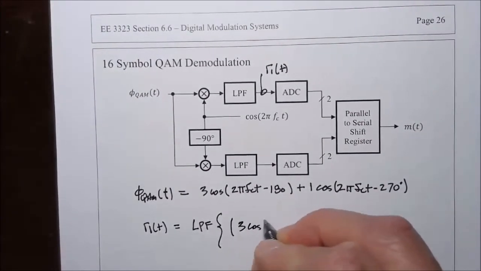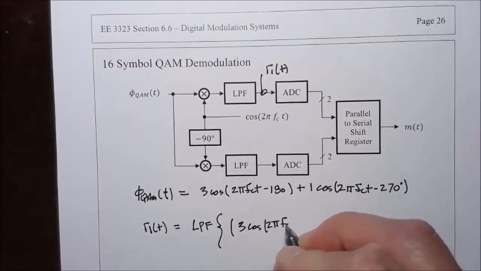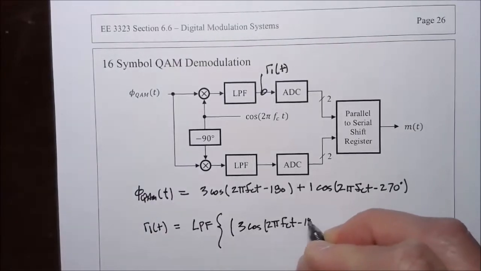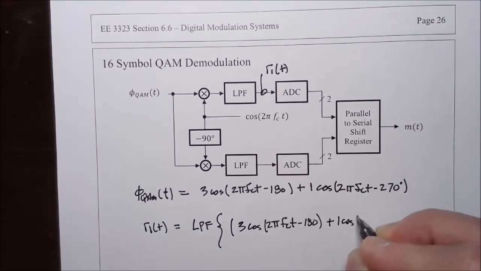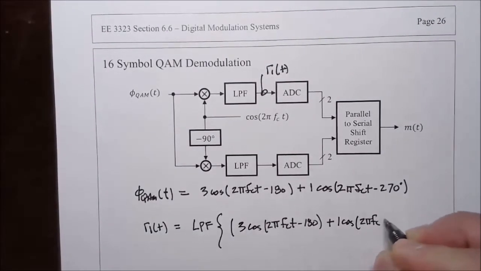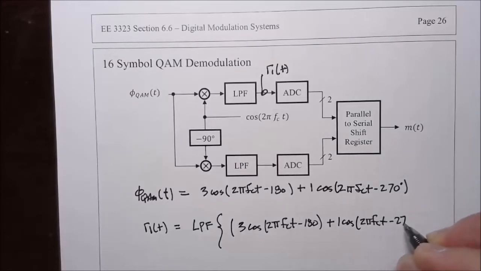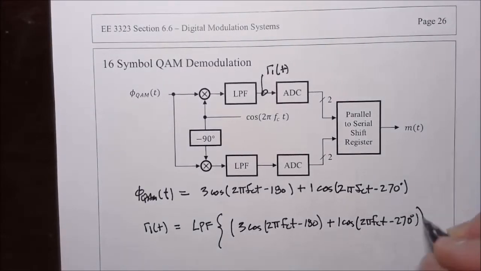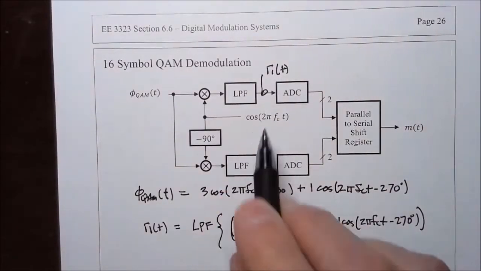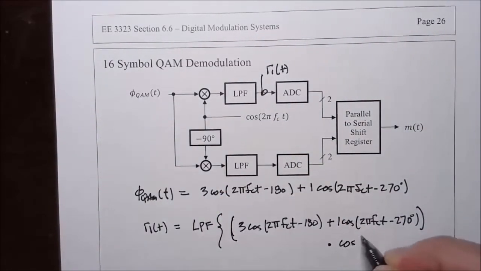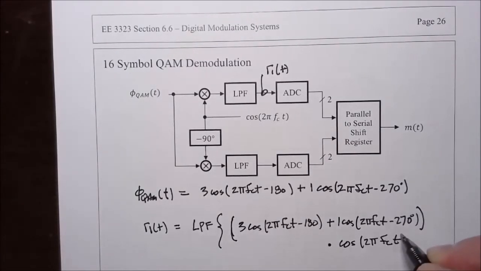3 times the cosine 2 pi FCT minus 180 degrees plus 1 times the cosine 2 pi FCT minus 270 degrees. We're going to multiply that by cosine 2 pi FCT.